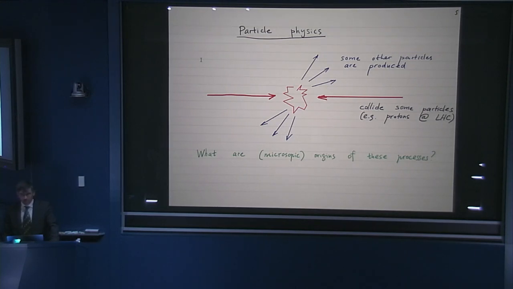And when we do this, some other particles come out of these collisions. And we would like to understand why some particles are transformed into other particles. Typically, we think that the origin of this transformation is some sort of interactions between particles, and these interactions have their origin at some high energy, which means smaller distance scale, more microscopic distance scale.